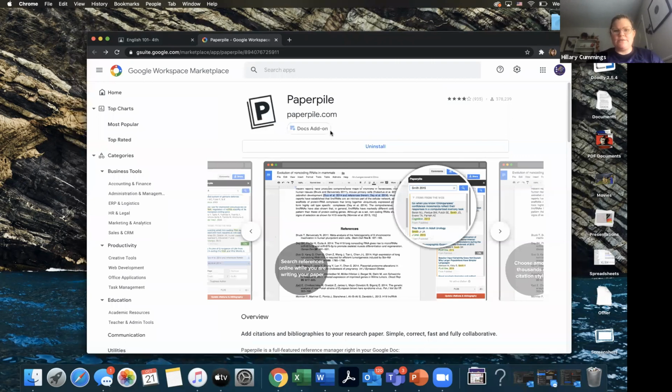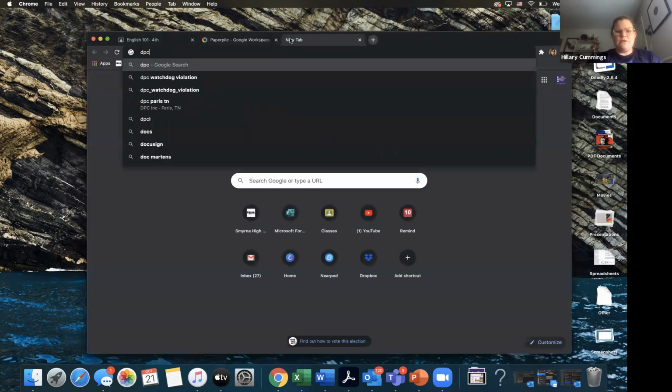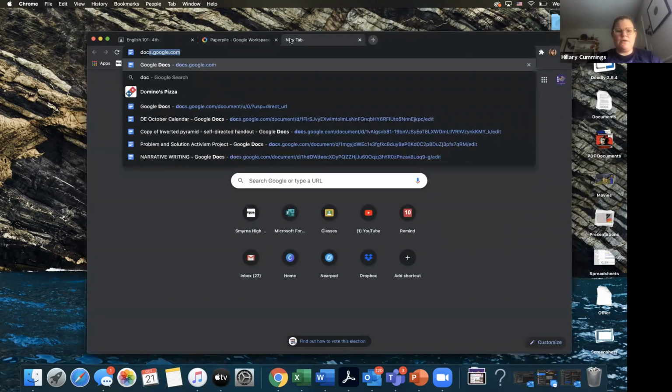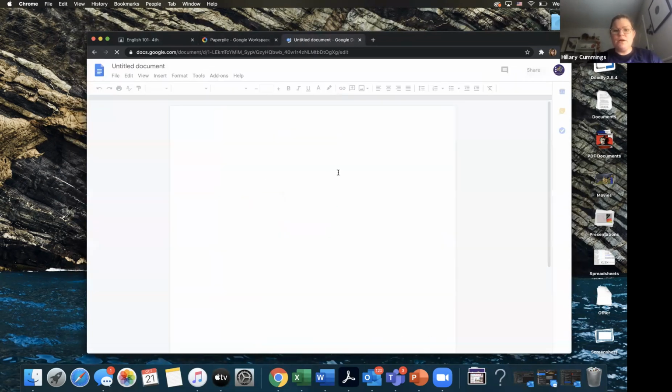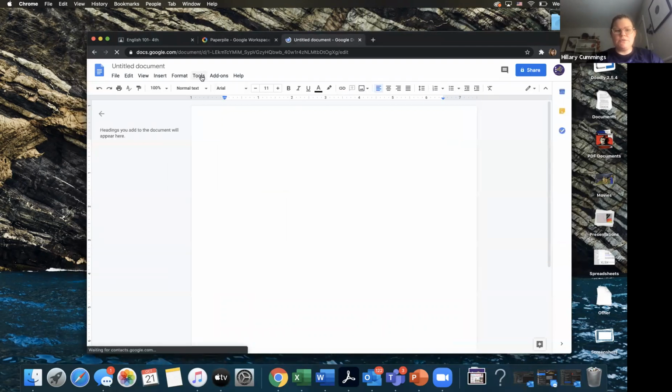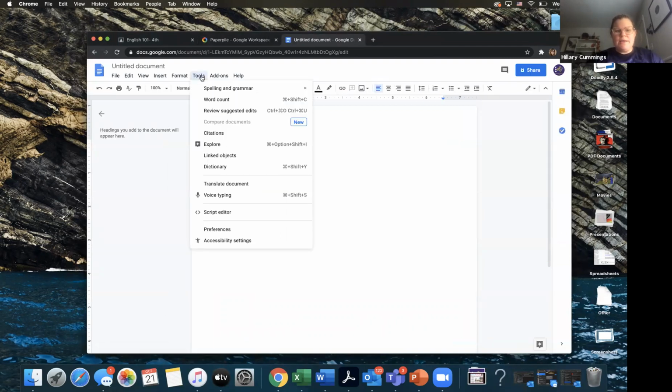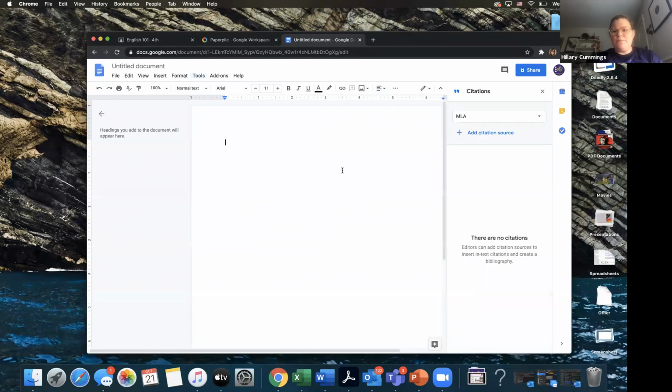So that's under add-ons. And then also, as you guys are working on your assignment, you'll notice that Google Docs just recently added a new tool under tools that is citations. So this will help you add an MLA citation source.